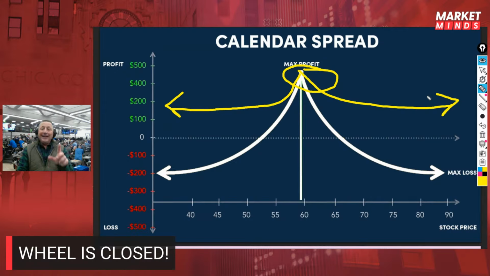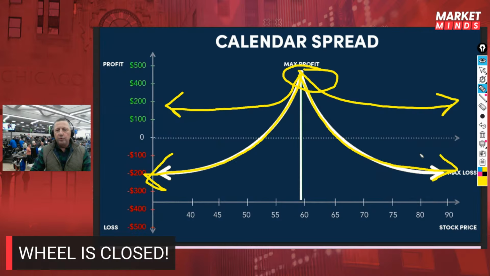However, in a calendar, that's not the case. If a calendar moves too far away from the strikes, then all of the premium, all of the extrinsic value left in our long option starts to disintegrate, and a stock can move too far. That's why we don't want Datadog to move much further than it is right now.